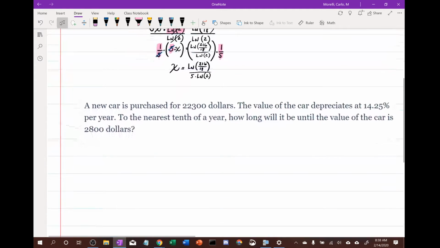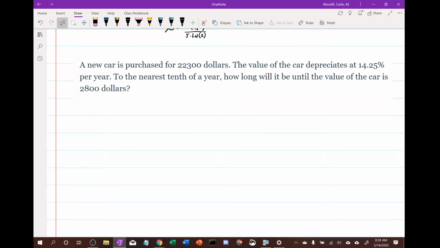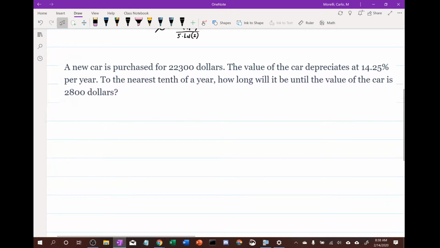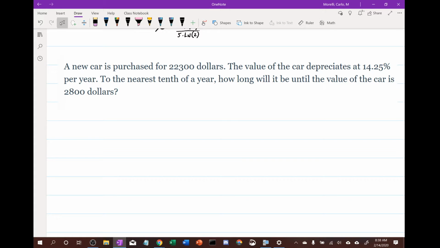Okay. Tyreek, can you read that? Okay. So the price of the new car was $22,300.